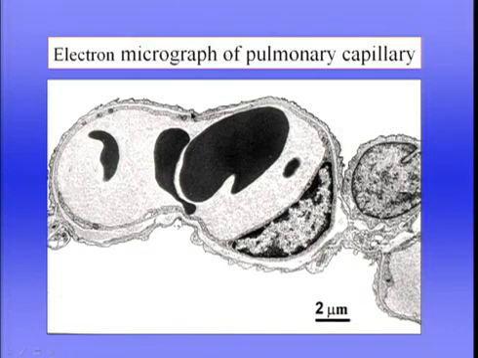The distance traveled by the gas in the blood gas barrier is only about 0.3 of a micron, but then you've got a much larger distance into the interior of the capillary and into the red blood cell. So clearly this distance for diffusion is actually much greater than the diffusion in the blood gas barrier itself.